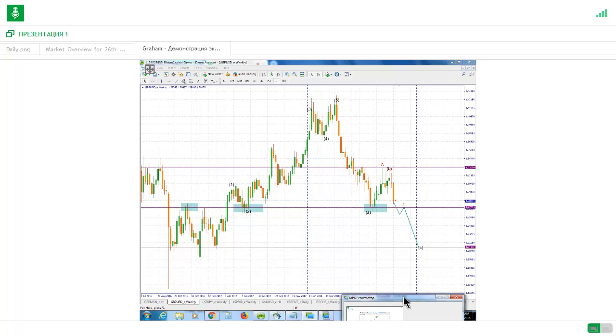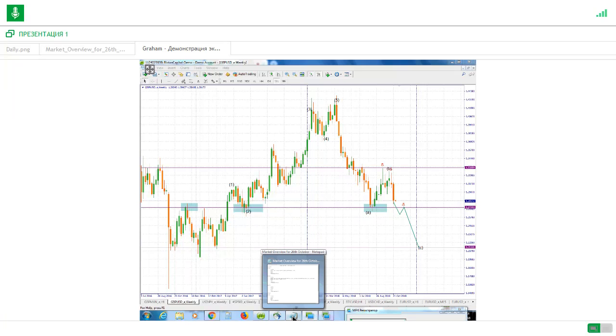So this is it. Still short, based on the analysis we had on Friday. Remain short, but take a profit around this line.